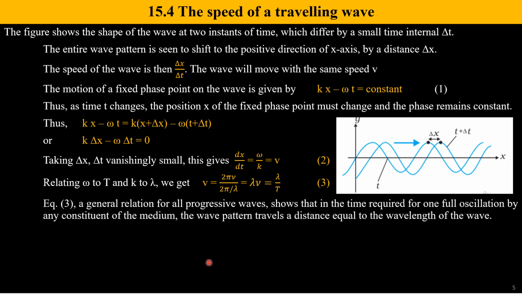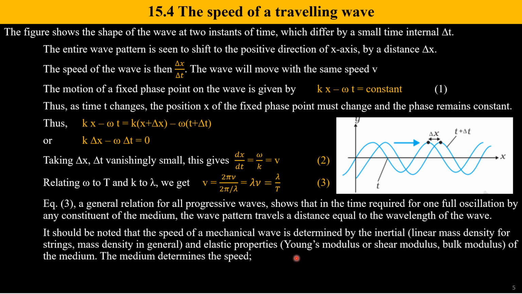Second point, it should be noted that the speed of a mechanical wave is determined by the inertial properties, that is linear mass density for strings and mass density in general, and the elastic properties, that is Young's modulus for linear media, or shear modulus or bulk modulus of the medium. The medium determines the speed.